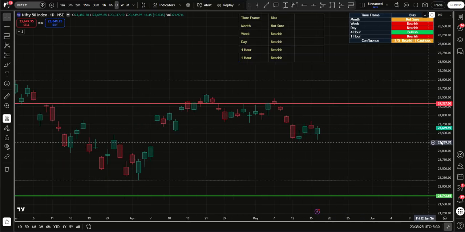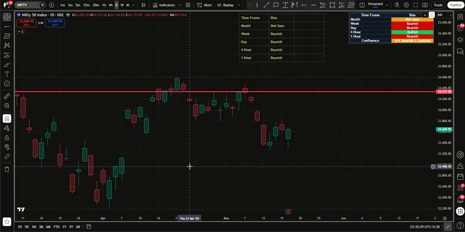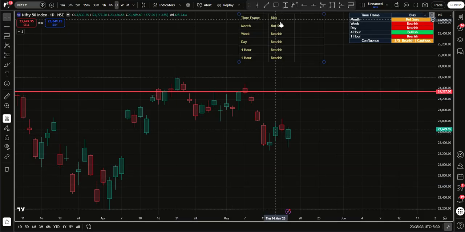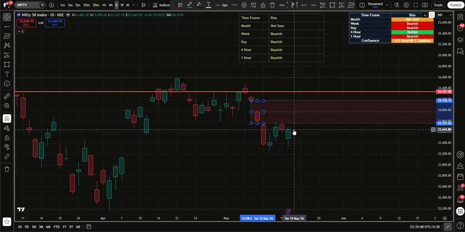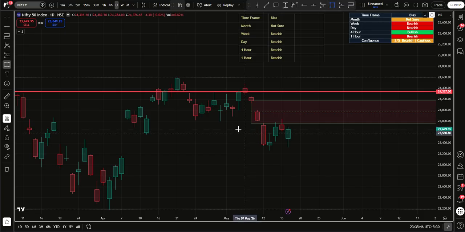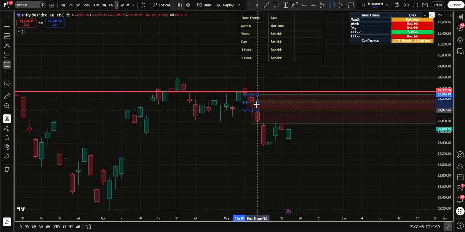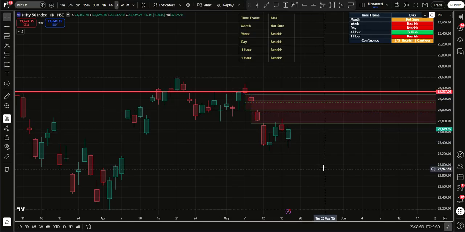And what are the important levels that we are looking at? Here we have a bearish fair value gap that has been respected, and there's another bearish fair value gap. That's a confluence of two fair value gaps right there.